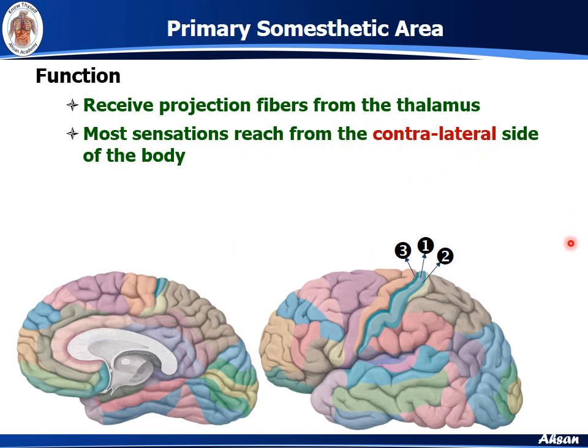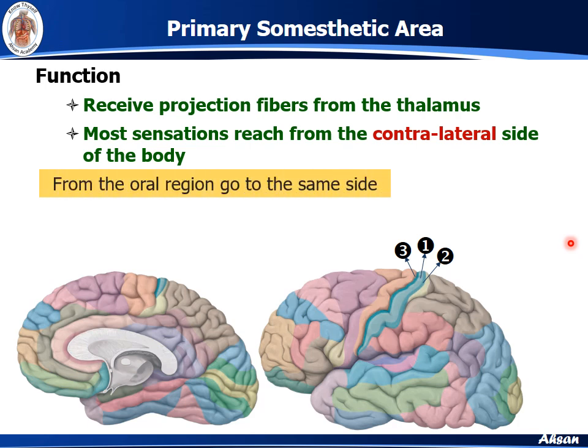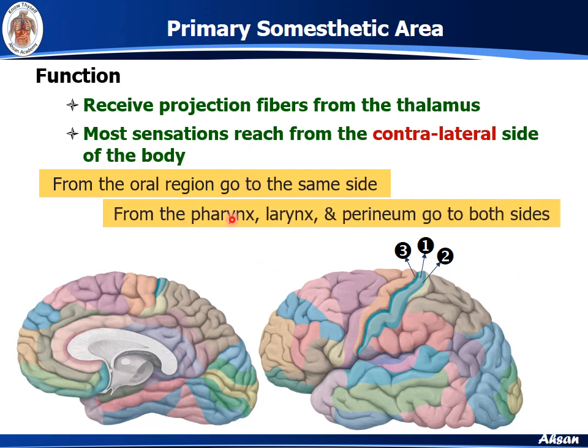So the contralateral side of the body is under control of receiving sensation. From the oral region, some important exception goes to the same side, and from the pharynx, larynx, and perineum it goes to both sides of the cerebral cortex.